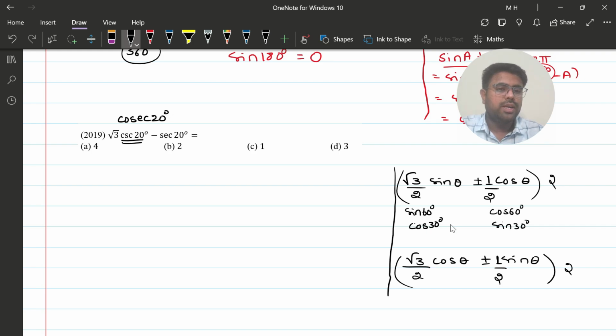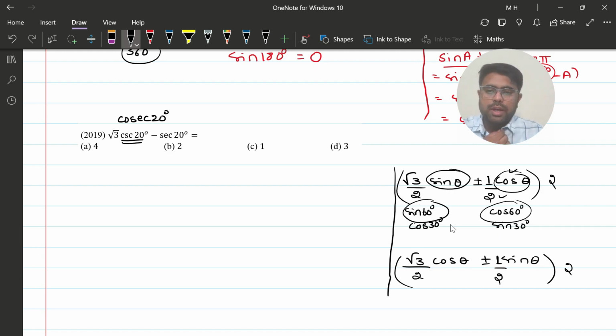So why did I say this? Because you are going to get it in the form of sin x into sin y plus or minus cos x into cos y. Cos x cos y plus sin x sin y gives you cos of x minus y. If it is negative, cos x cos y minus sin x sin y gives cos of x plus y.